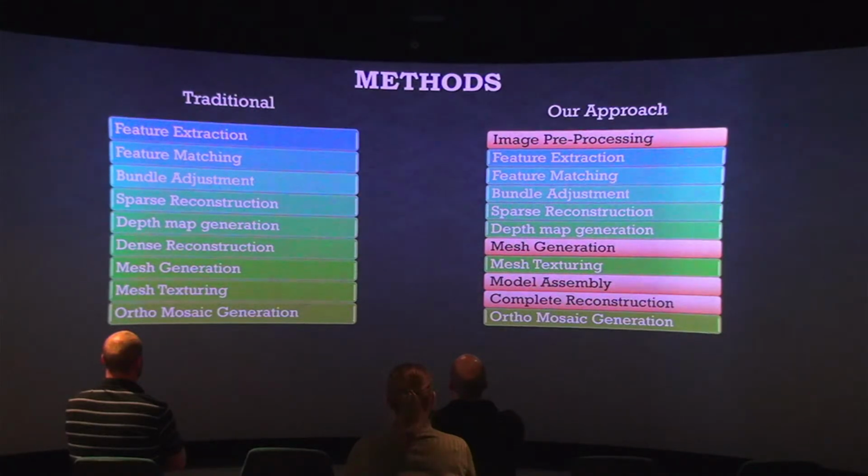And then model assembly, which is using manual markers to piece together all the chunks of the reconstruction like pieces of a jigsaw puzzle, including the two halves of the shipwreck. And then complete reconstruction, which is just continuing on the standard workflow. And then finally, the orthomosaic generation.